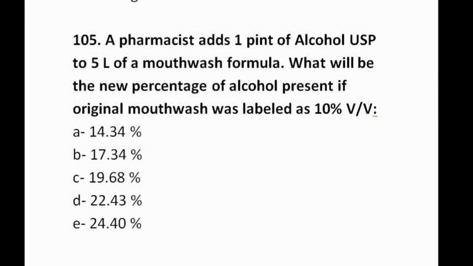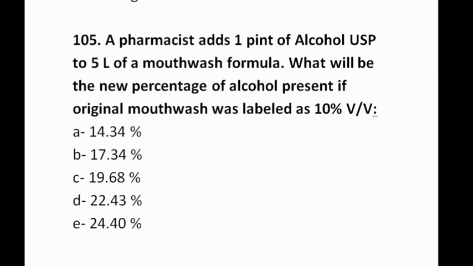Then we can also calculate the amount of alcohol in the 5 liter of mouthwash formula, that is 10% volume by volume. That means 10 ml of alcohol is there in 100 ml; 10 ml is alcohol while the rest is water.